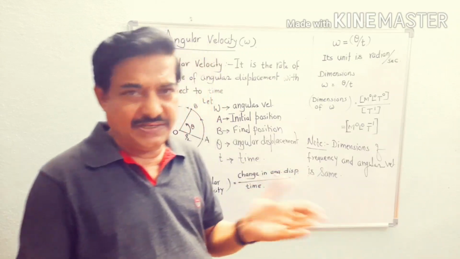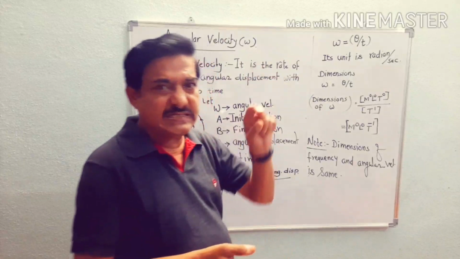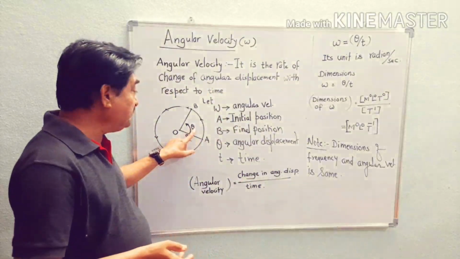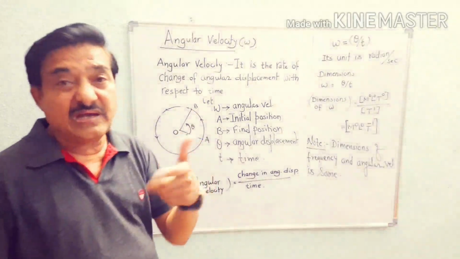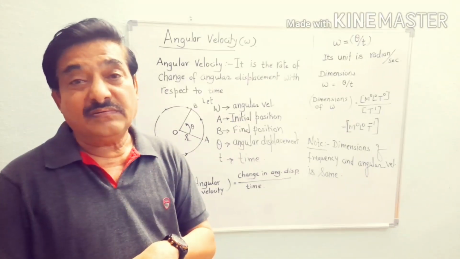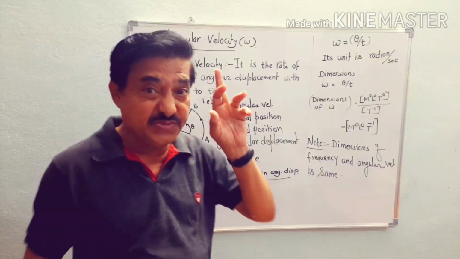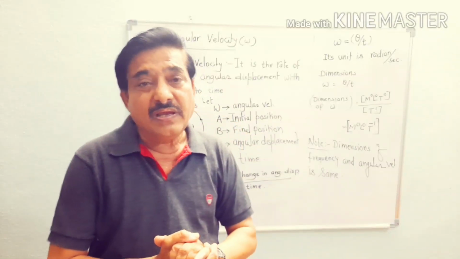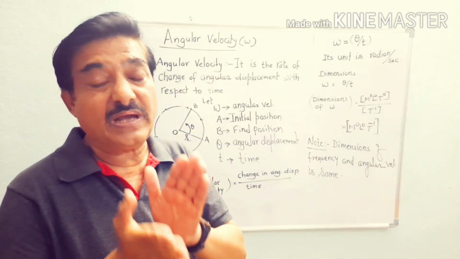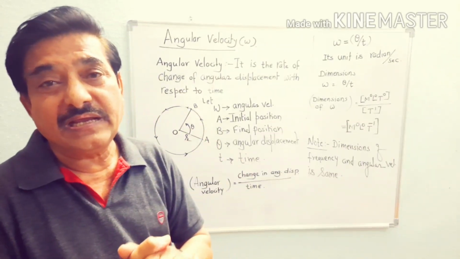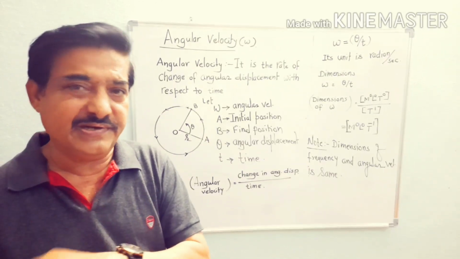In the second case, when this angular displacement theta is infinitesimally small, it means arc AB and chord AB are the same. Then the angular displacement theta is infinitesimally small. It obeys the laws of vectors. Therefore, angular velocity is a vector quantity which has magnitude as well as direction.